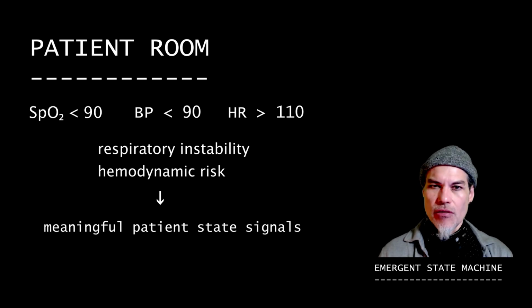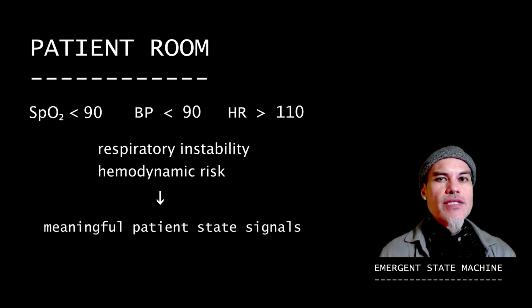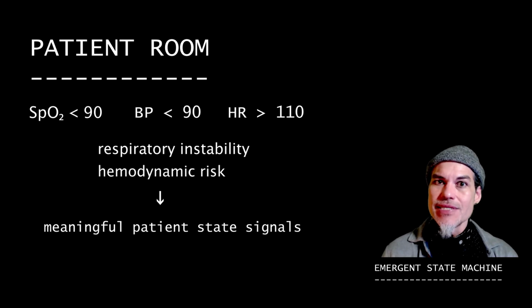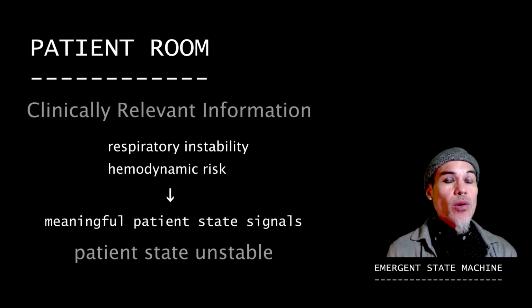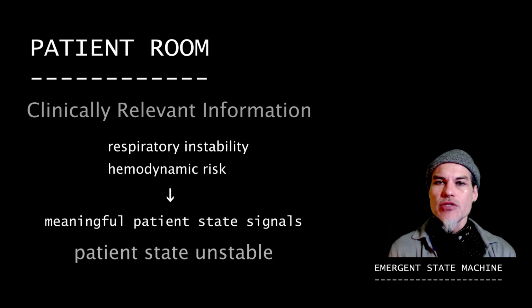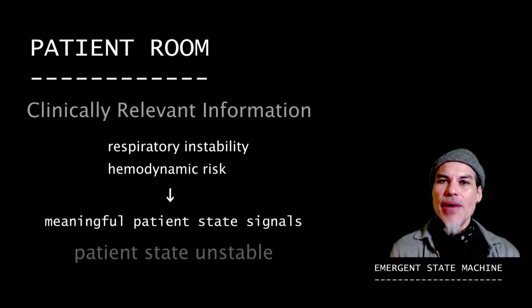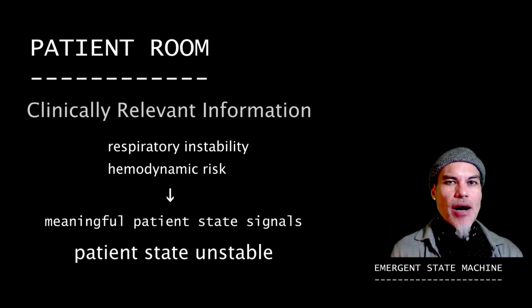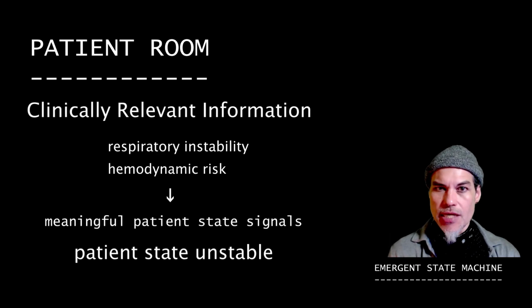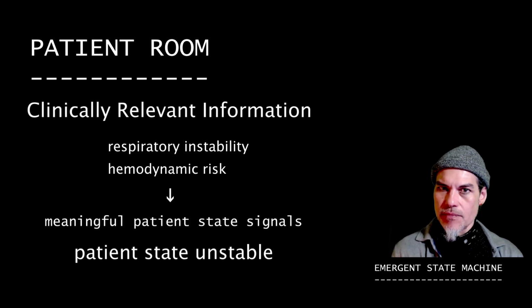Each signal represents a clinically meaningful change in patient state. In other words, the system is compressing many raw measurements into a small number of interpretable signals. The goal isn't more alarms, the goal is better signals about meaningful change in patient state.